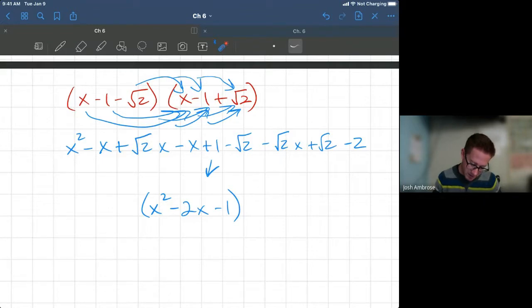Then you have a negative radical 2, positive radical 2, they would cross each other out. The nice thing there, the radicals disappear. Then you have a negative 2 and you have a positive 1, combining together to equal your negative 1.